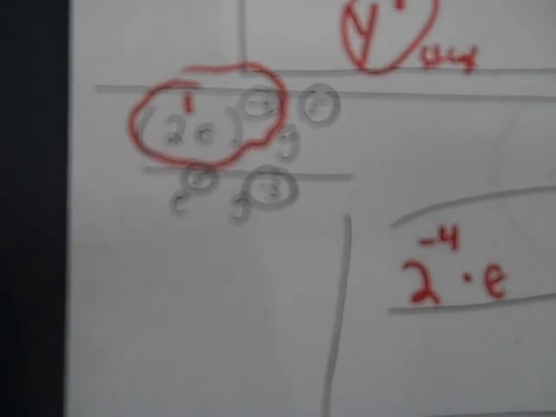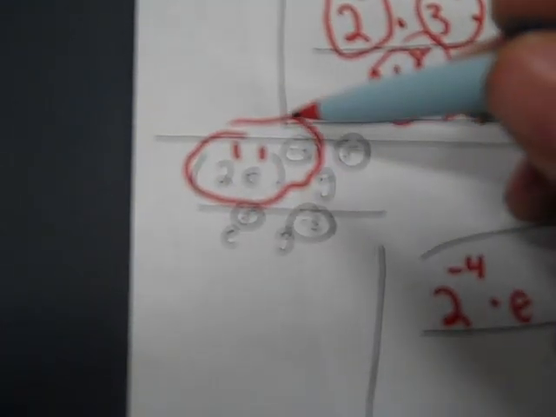Okay, so 2, let's talk about that. Now it's to the 1, but that's in the circle. So we need to be multiplying 1 times negative 4, and that's just negative 4. So the 2 is to the negative 4th power. All right, now on E, there's 2 E's first off, know that. So this E is to the 1, but that's in the circle, so 1 times negative 4 is negative 4.